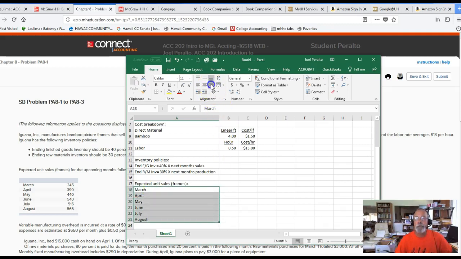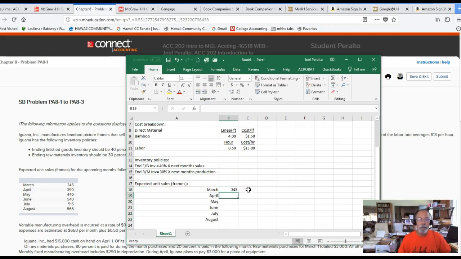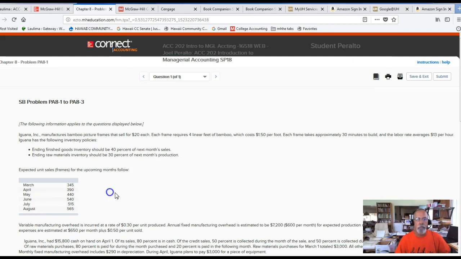Why don't we move this over here? 345, 390, 440, 540, 515, 565. Okay, so these are expected unit sales in frames.